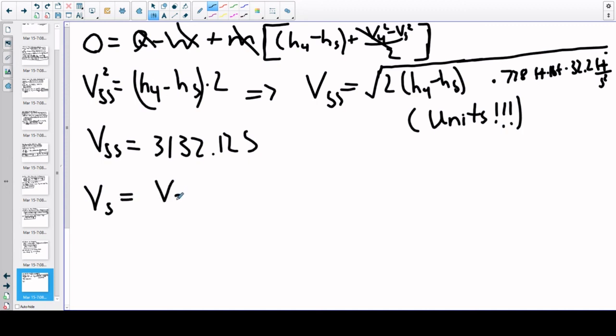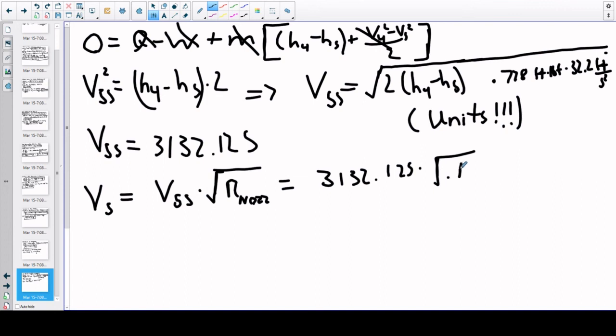The real nozzle is V5S times the square root of eta nozzle, which is 0.92 in this case. And so 3132.125 times that square root.